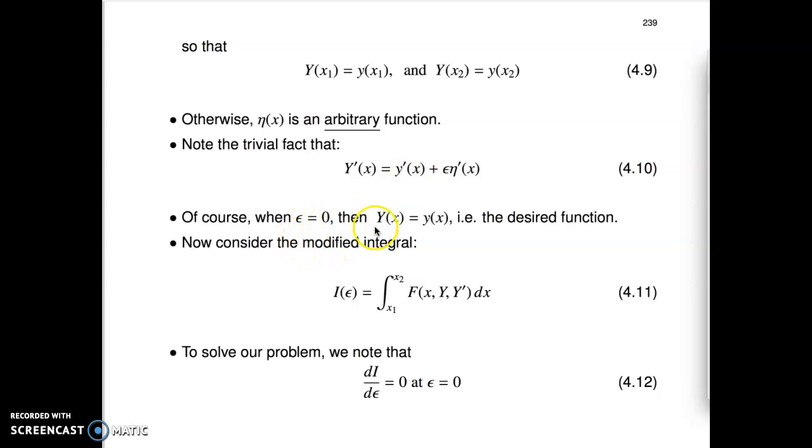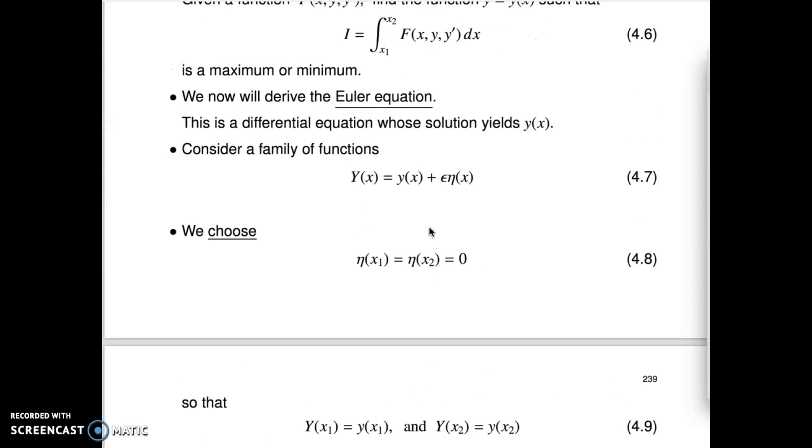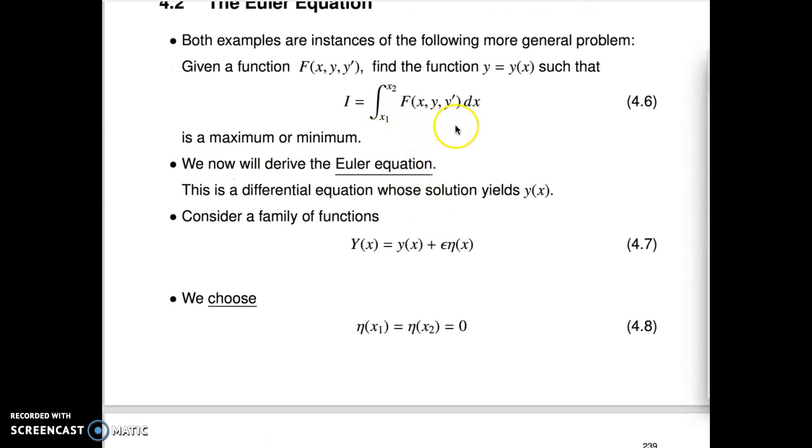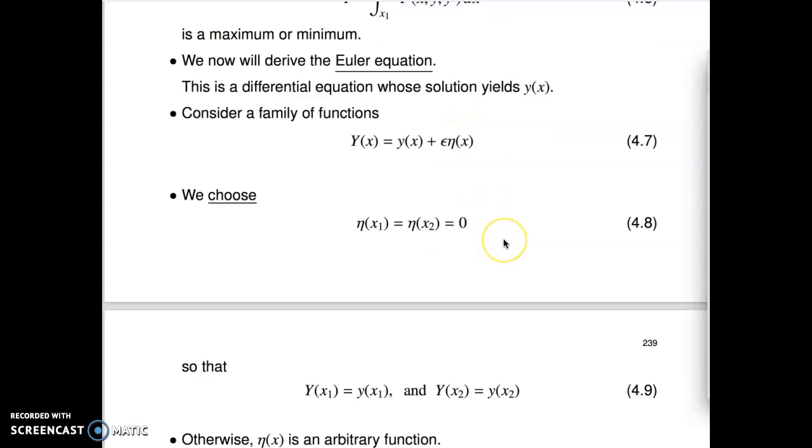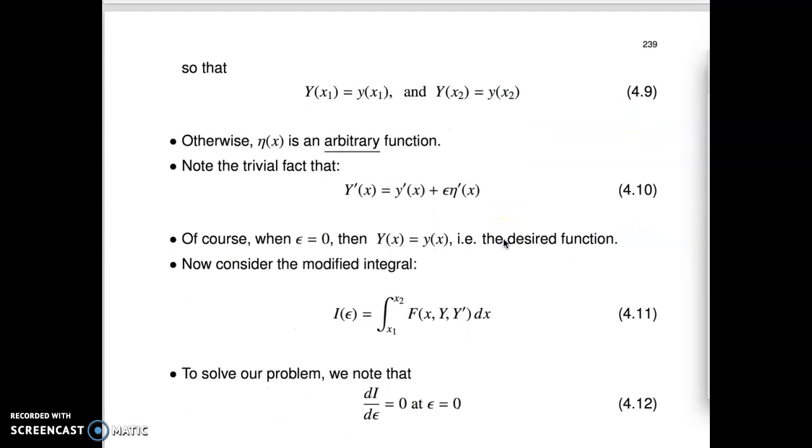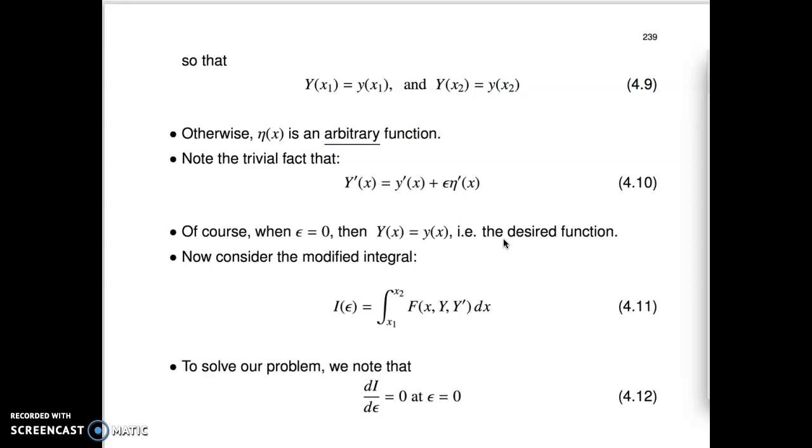When epsilon is equal to 0, big Y is equal to little y. That, of course, is the desired function. Little y is the function that is going to either minimize or maximize this integral. Okay? So let's consider a modified integral.